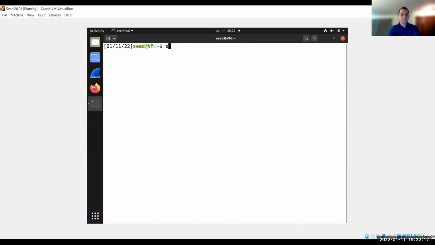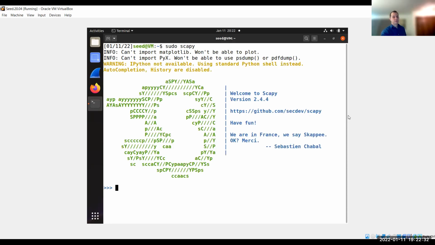So here then, I can call it from Python, like a Python script, but I can also just go into Scapy. So I can do sudo scapy. You see that? Welcome to Scapy. And then you can see that the terminal has now changed to this triple greater-than symbol prompt.